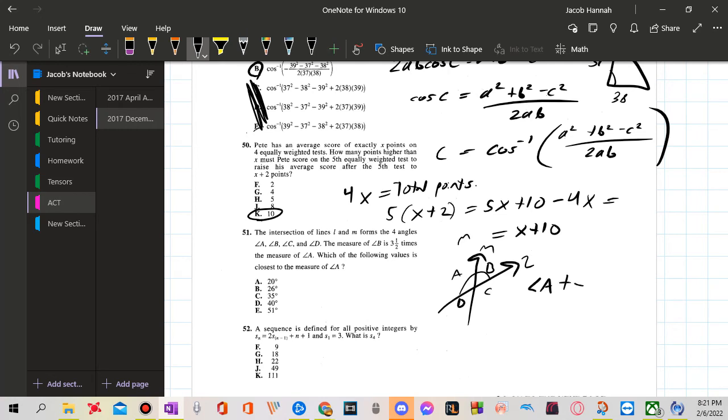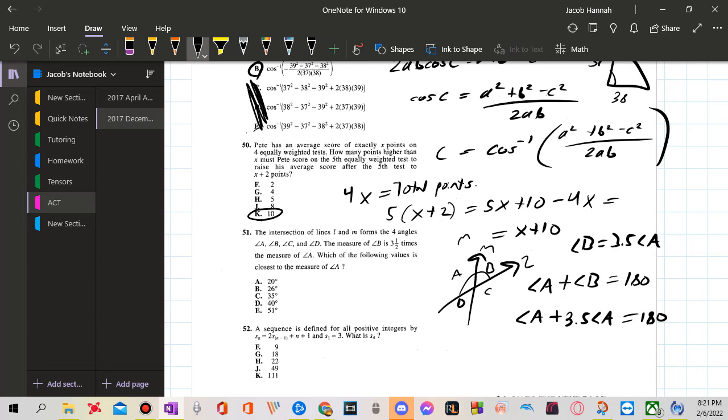Angle A plus angle B is equal to 180. Now if angle B is 3.5 times bigger than the measure of angle A, then angle A plus 3.5 angle A, since angle B is equal to 3.5 of angle A, is equal to 180.